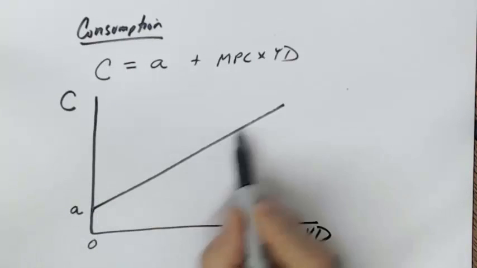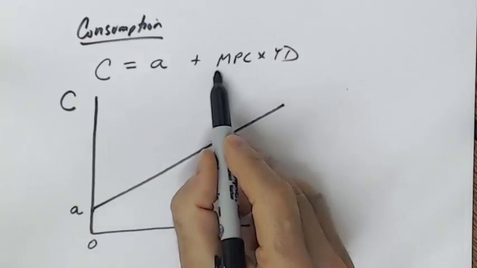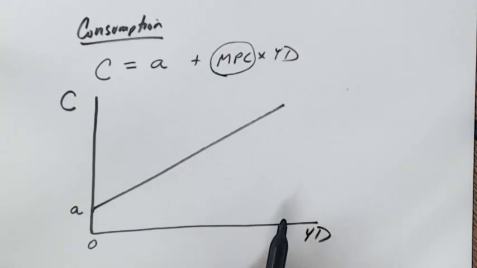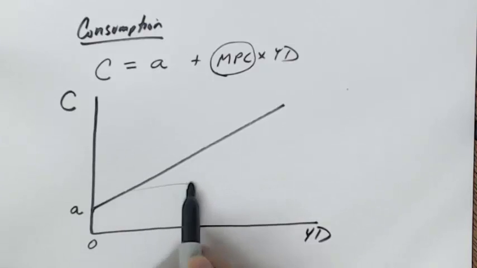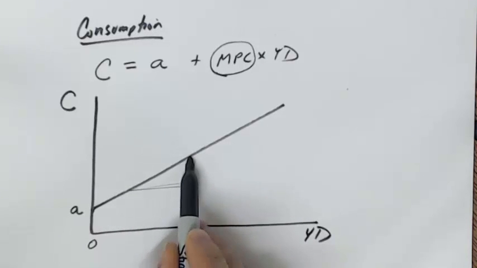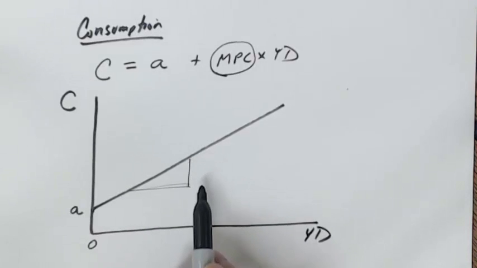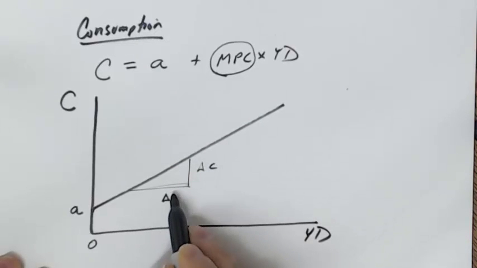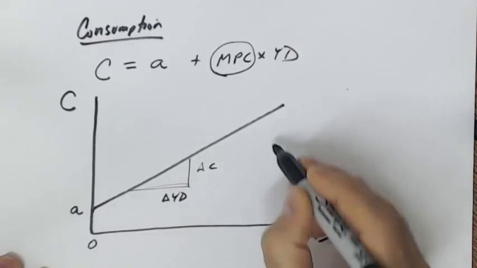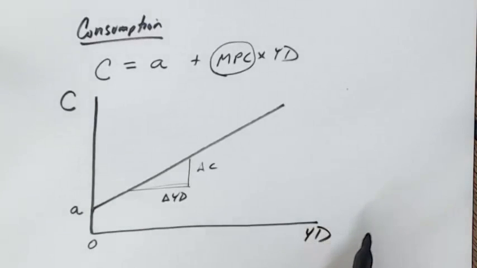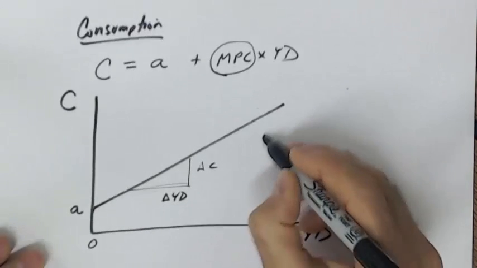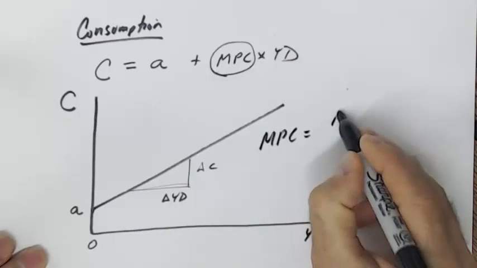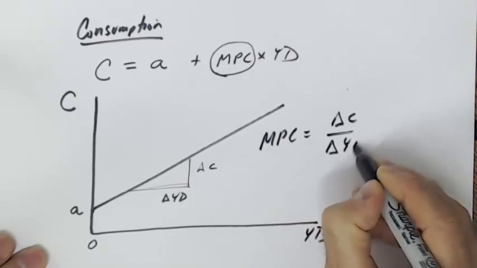And then you have this line with a slope, and the slope is the marginal propensity to consume. So as income goes up, you rise by the marginal propensity to consume. That is the change in consumption for a change in disposable income, which is exactly the way we define MPC.